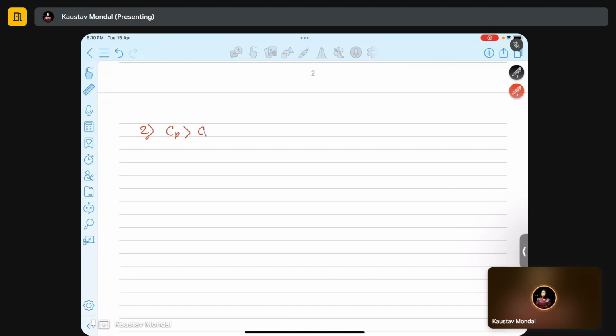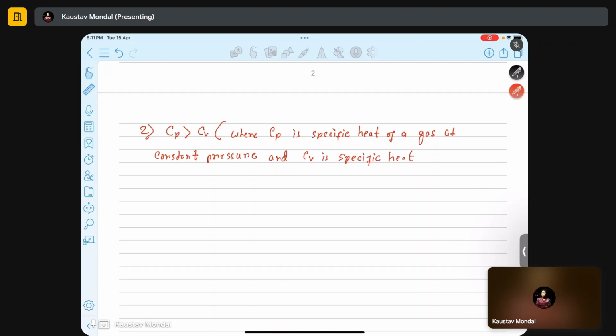Cp is greater than Cv, where Cp is the specific heat of a gas at constant pressure, and Cv is the specific heat of a gas at constant volume.